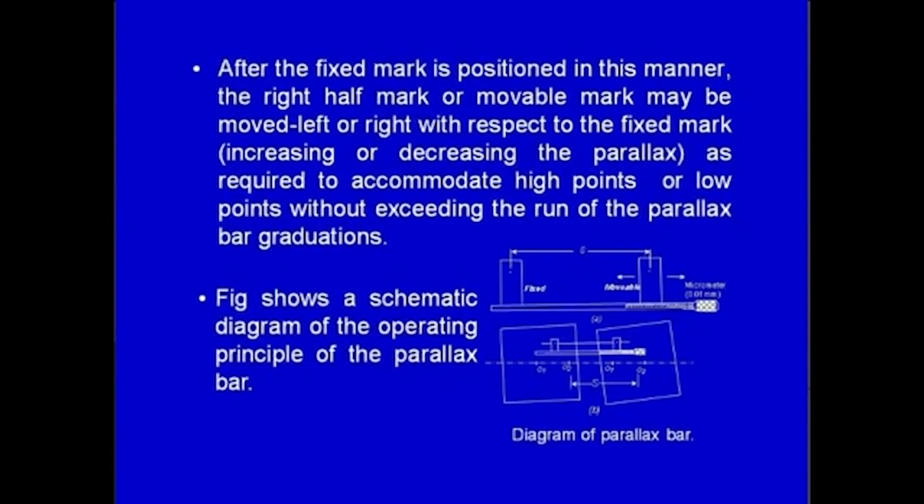The adjoining figure shows a schematic diagram of the operating principle of the parallax bar, and we can see that the parallax bar has two platens, one fixed and one movable, with a micrometer drum which can read observations to the accuracy of 0.01 millimeter.